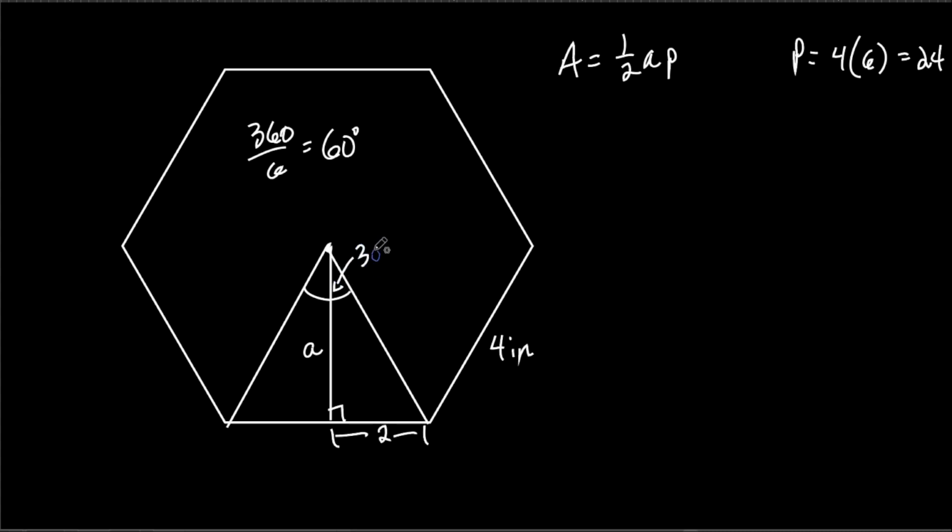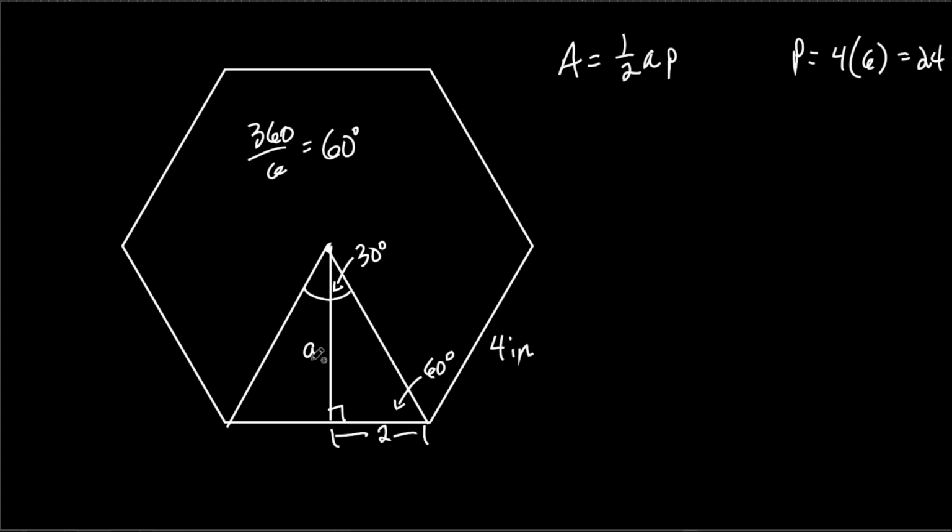That's 30 degrees. And so what's this angle right here? 60 degrees. So what kind of triangle is it? It's a 30, 60, 90. Okay? Now, what do we know as far as our sides are concerned? We know the short side, don't we? We just know the short leg. Okay?